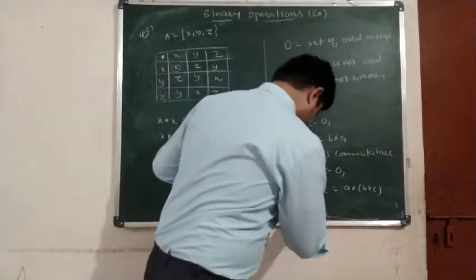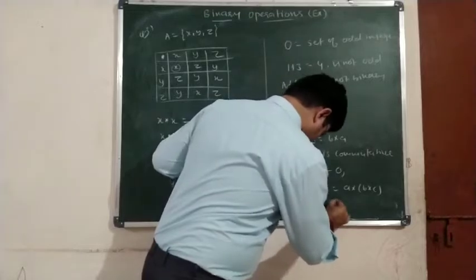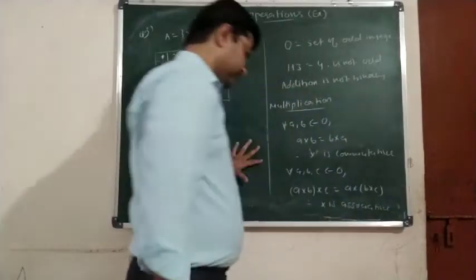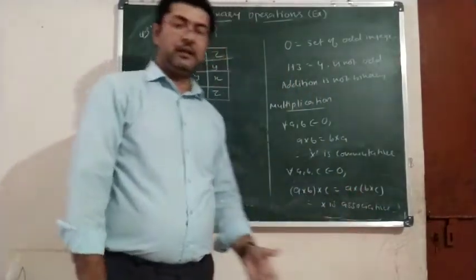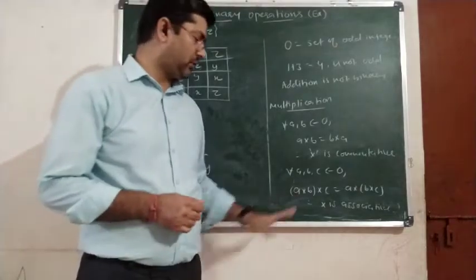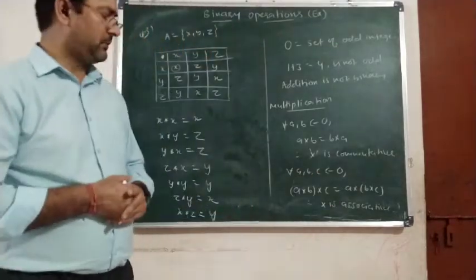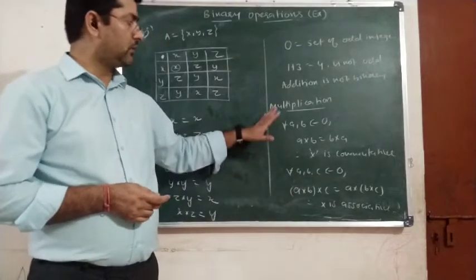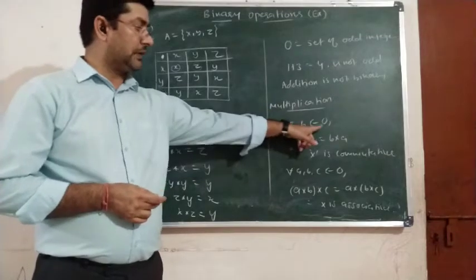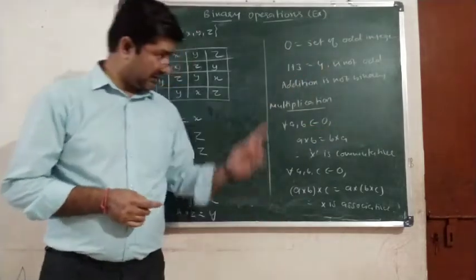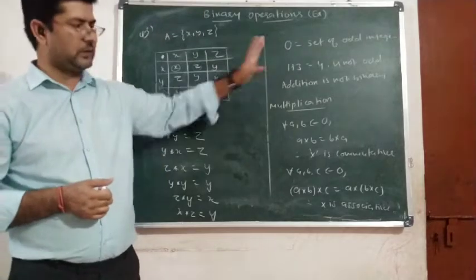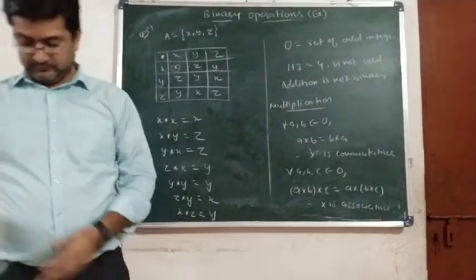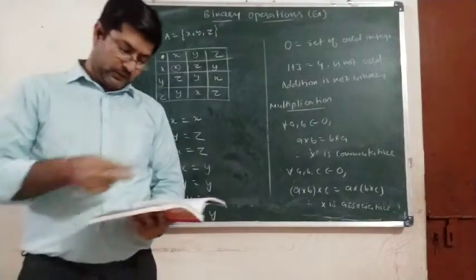And therefore multiplication is associative. Because both equal a multiplied by b multiplied by c only. So the answer will remain the same in both cases. So commutativity and associativity hold for multiplication on set O of odd integers, but addition is not binary. Therefore we are not explaining commutativity and associativity for it. Please note down quickly.